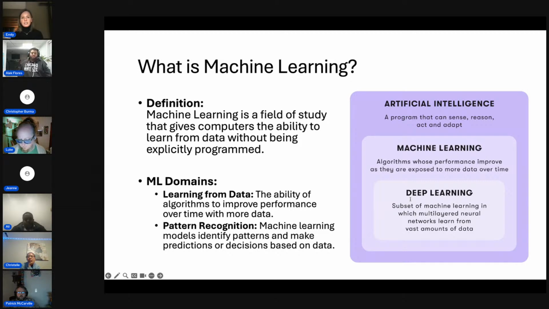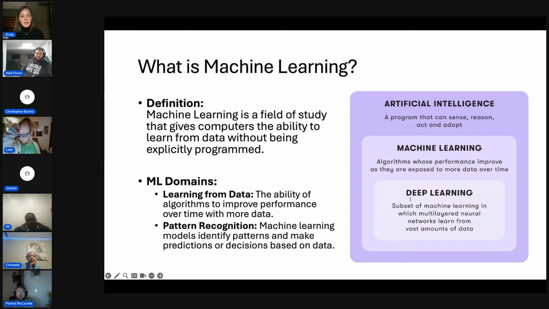It's evolving and changing, but artificial intelligence is a big umbrella that pretty much includes a lot of machine learning, deep learning, large language models. The definition for it is a program that can sense, reason, act, and adapt.